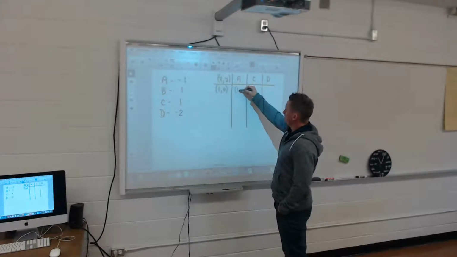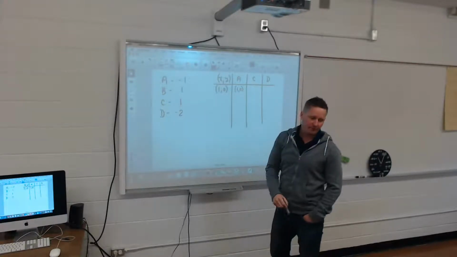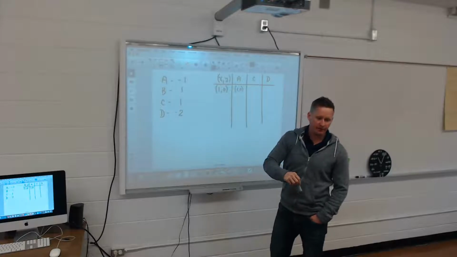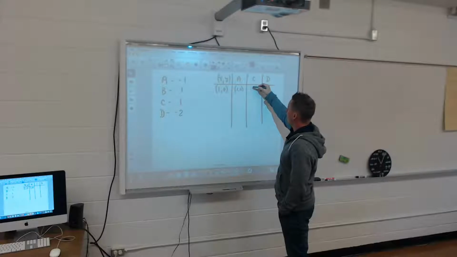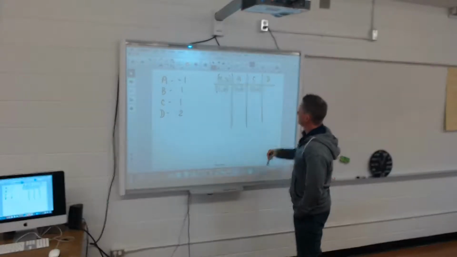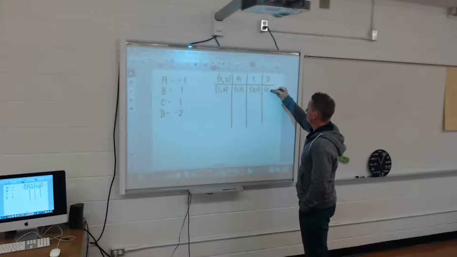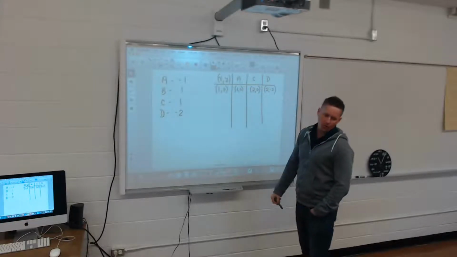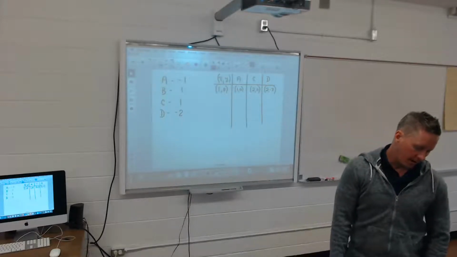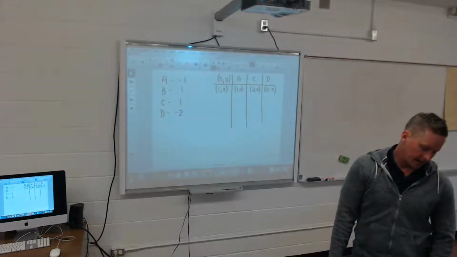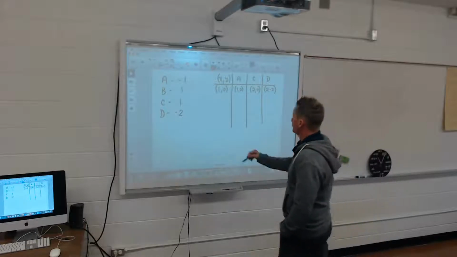this stays as 1 and 0, but I have to remember my graph is going to flip. C moves it right 1. D moves it down 2. So there's that coordinate. Okay, so I'm going to look at one more coordinate, and that is when x is 6.